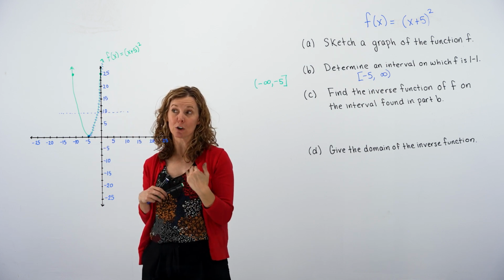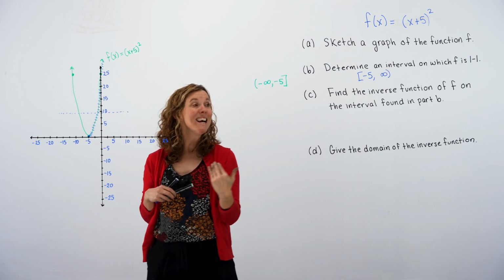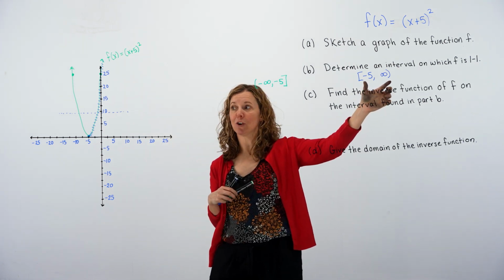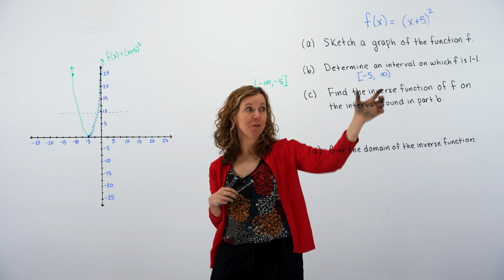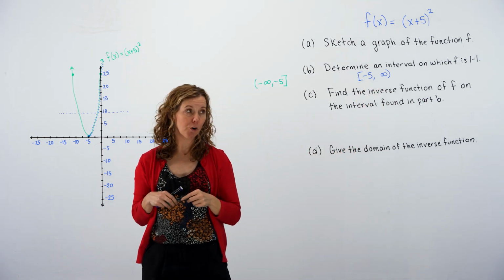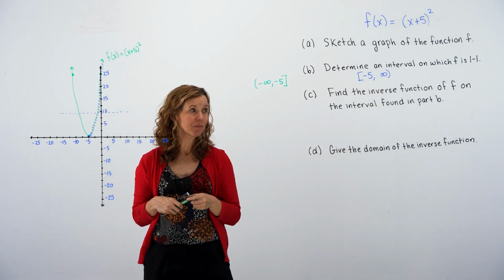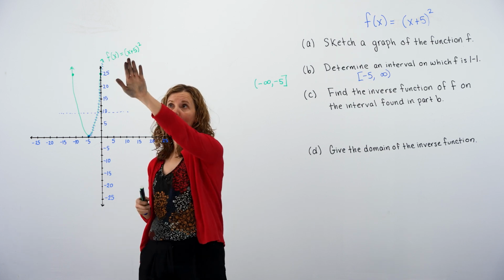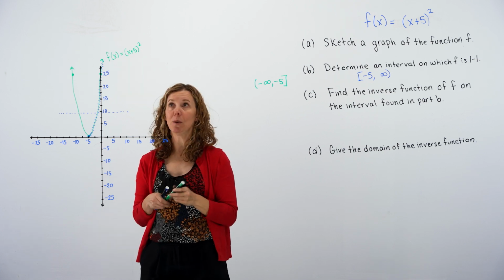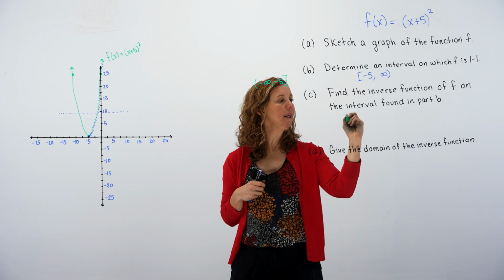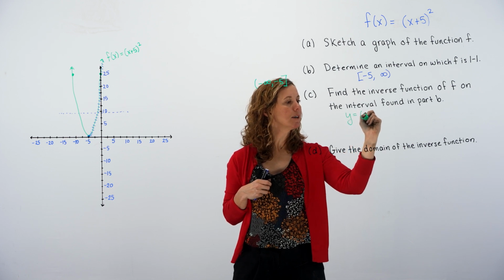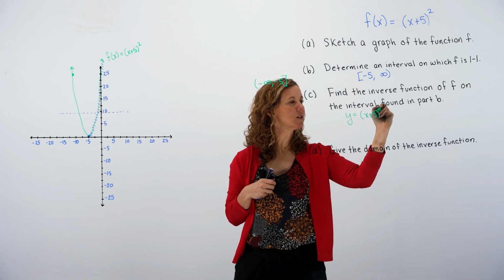So that's why that first step was so important for us. If we restrict to this interval, we should now be able to find an inverse function on that interval. So how do we do that? Well, let's start by expressing the equation that we were given here. We have y equals (x plus 5) squared.